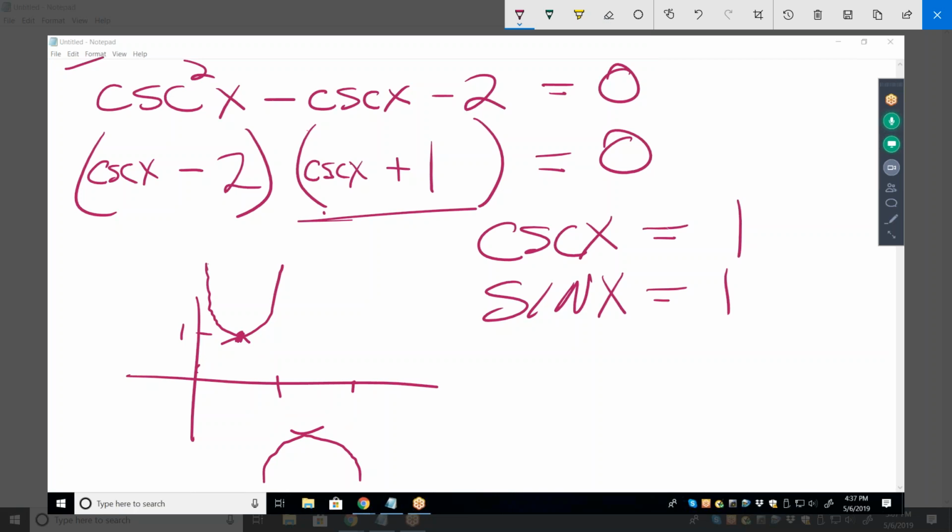What if this thing would have said cosecant x equals 1/2 instead of 1? We'll get back to 1 here in a second, but what if it would have said 1/2? What would that have meant?